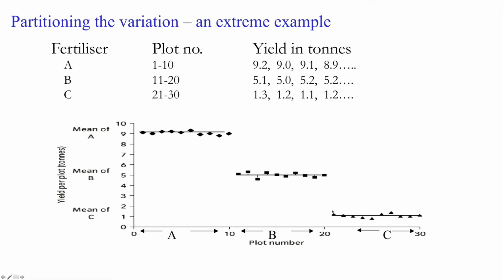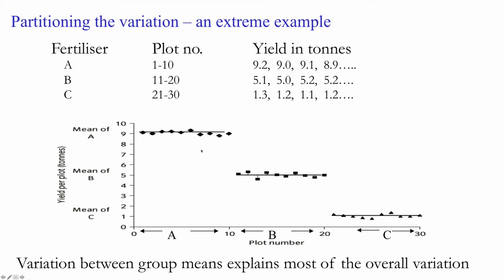In this case, it seems likely that there is pretty clear evidence of a difference in yield between those fertilizers, because the variability between the groups is very much higher than the variability within any of these groups. So simply by eyeballing these data and looking at how that variability is partitioned can tell us something about the likelihood of there being a treatment effect.